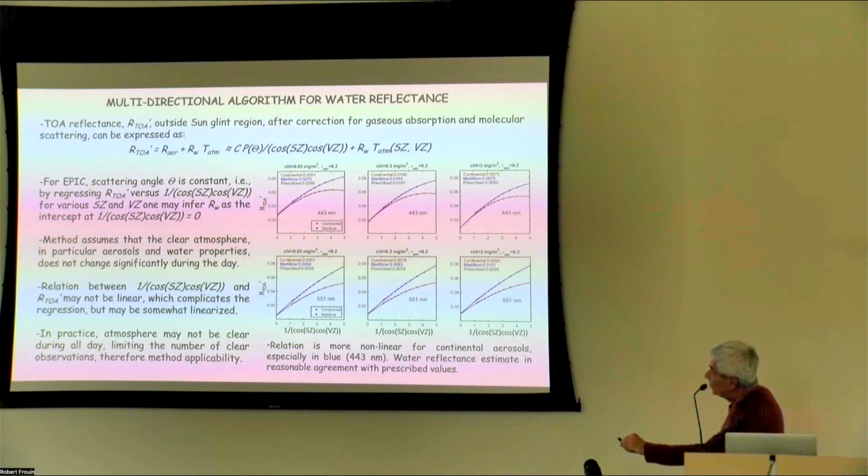These are some simulations for continental aerosols and maritime aerosols, with different trophic concentrations, at 443 nanometers and 551 nanometers.